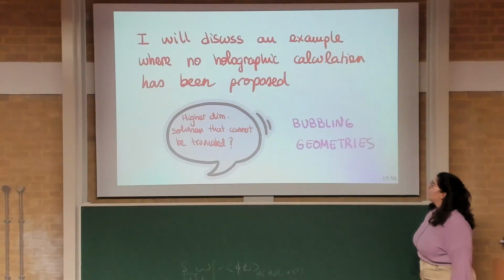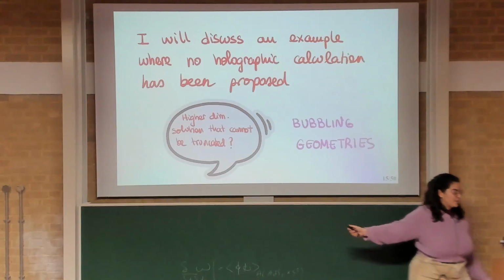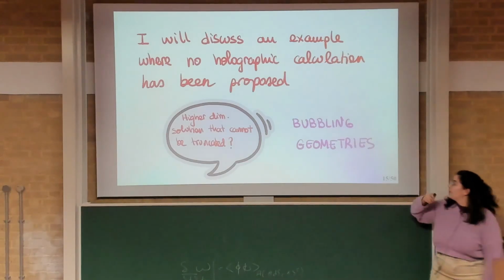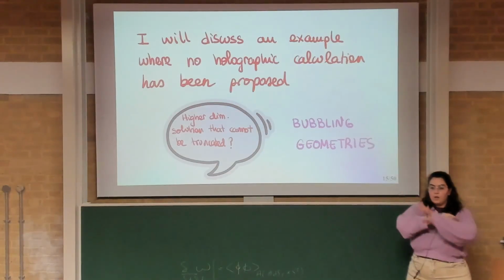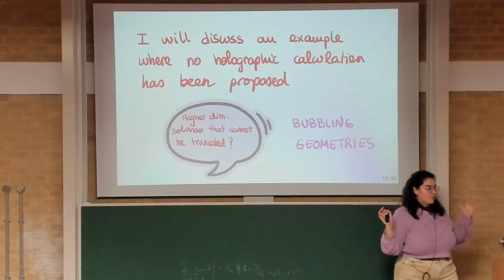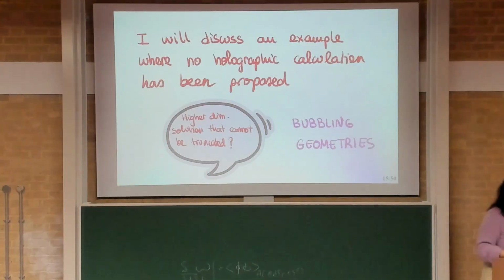And the specific example where this problem is going to be manifest is one of these so-called bubbling geometries. It's a solution of the higher dimensional equations of motion that cannot be truncated.